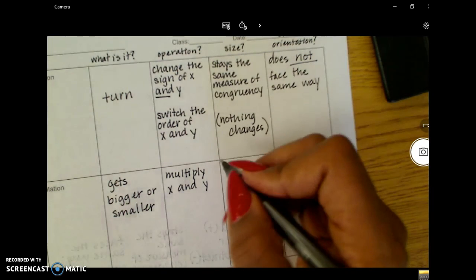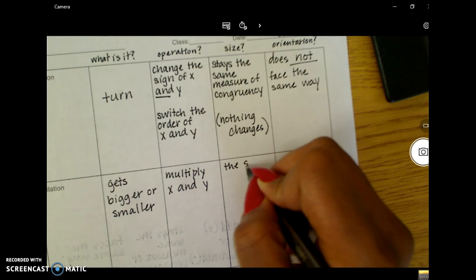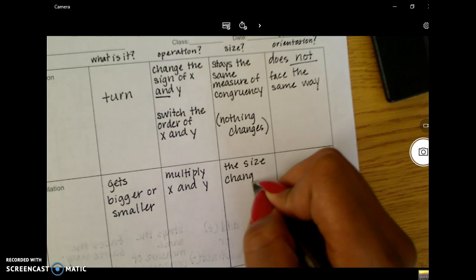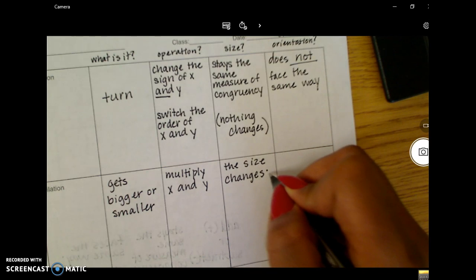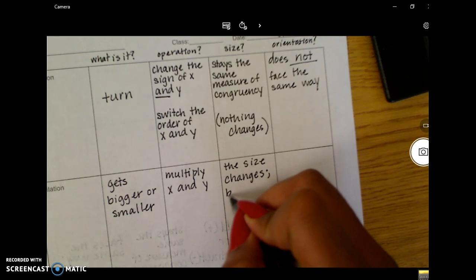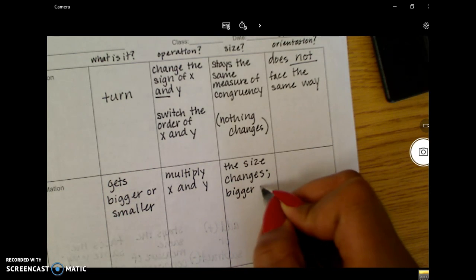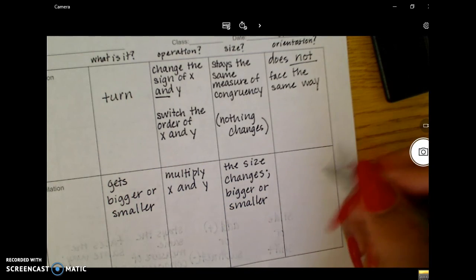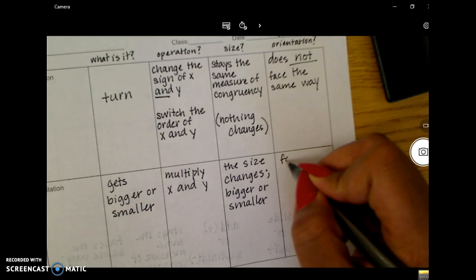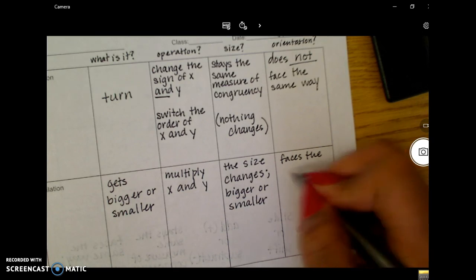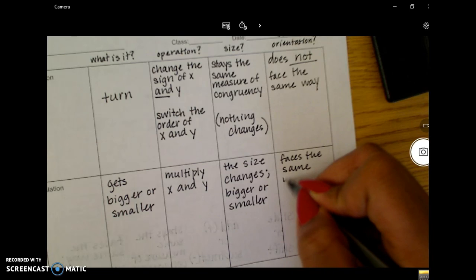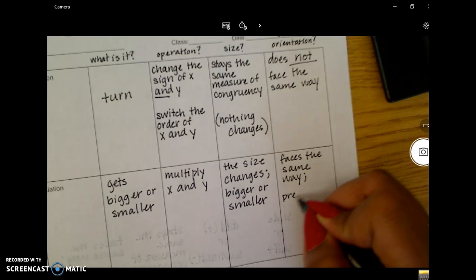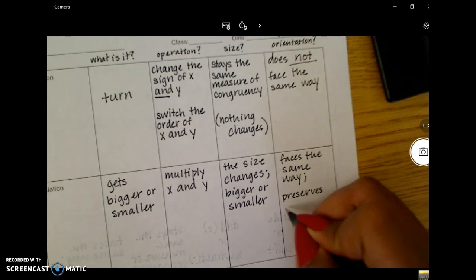And what happens to the size? The size changes. This is the outlier. It's the only one where the size changes. And it could be bigger or smaller. And then finally, with the orientation, it faces the same way. This also means it preserves the orientation.